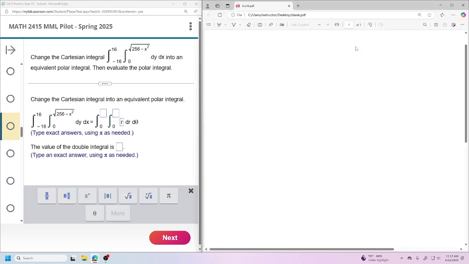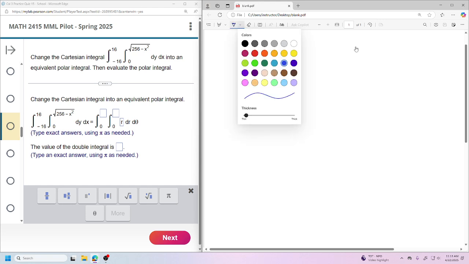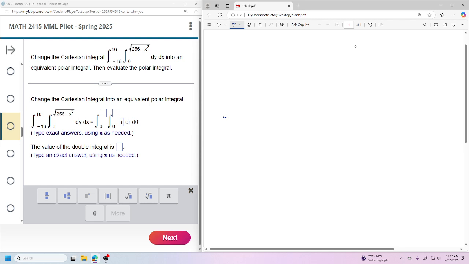So we have a... oh, okay. I don't know. So yeah, positive only. See, it's going from 0 to a positive only, and then that's where they got the negative 16 to 16 kind of stuff.